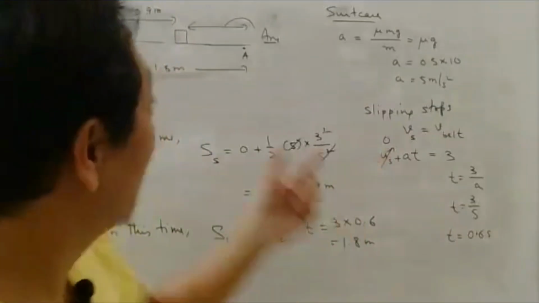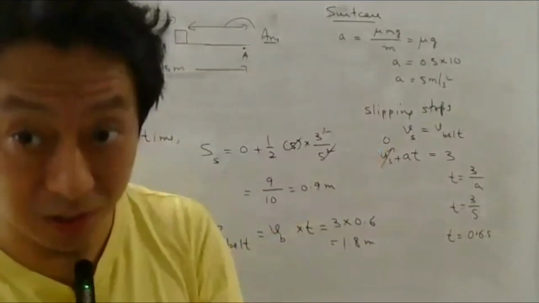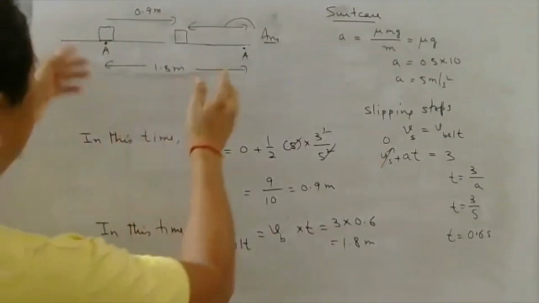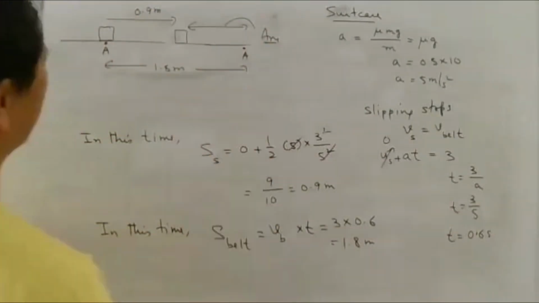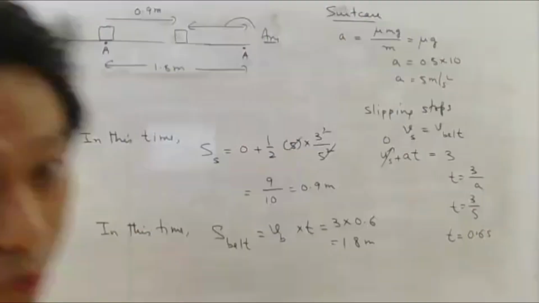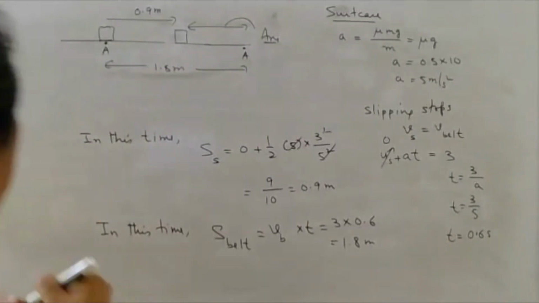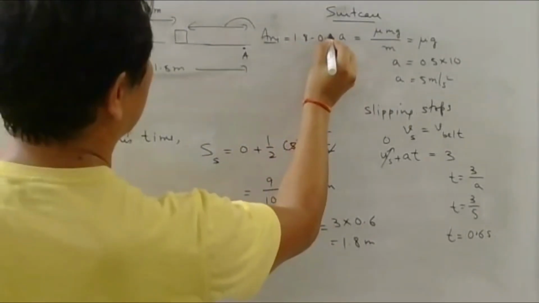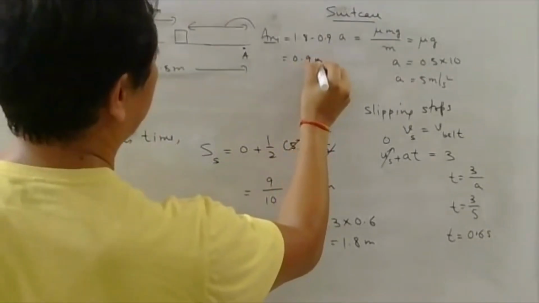Yes or no? So this is the part which the suitcase moved on the belt, but from our frame, this is the right diagram. You can do the same problem from belt's frame also. So what is the answer? 1.8 minus 0.9, 0.9.